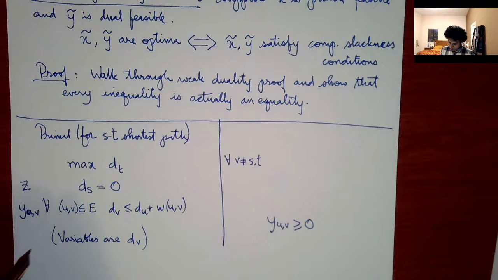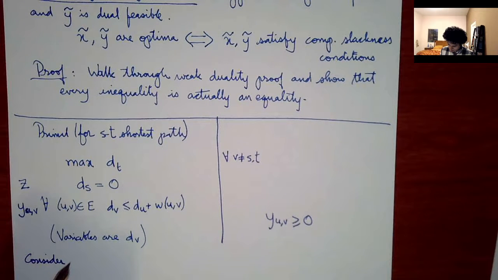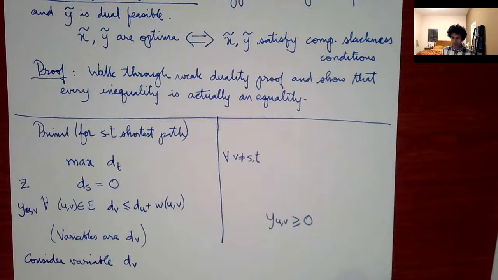So consider the variable d_v, and I'll get a constraint corresponding to d_v.